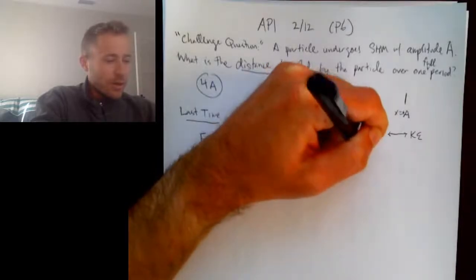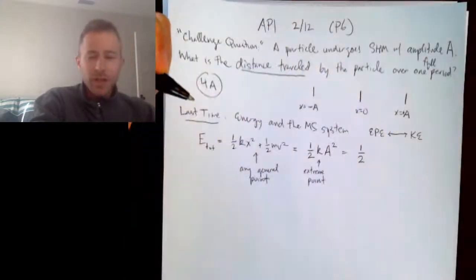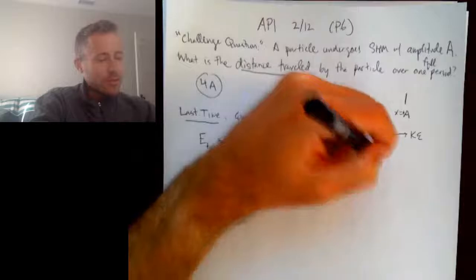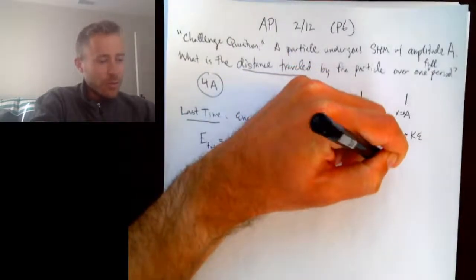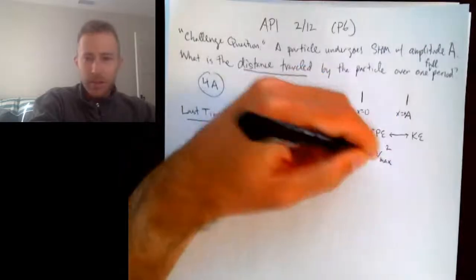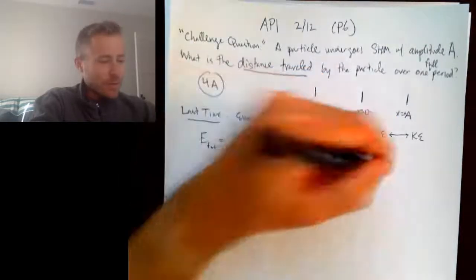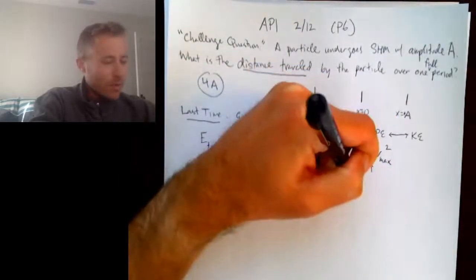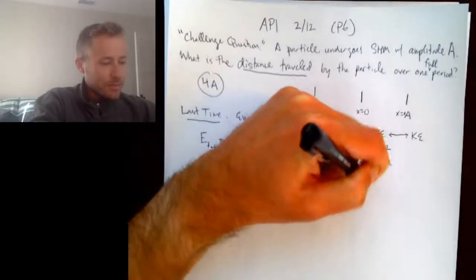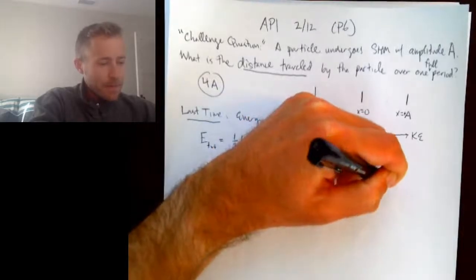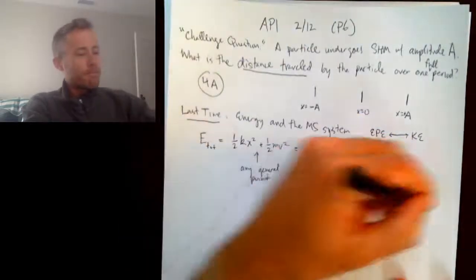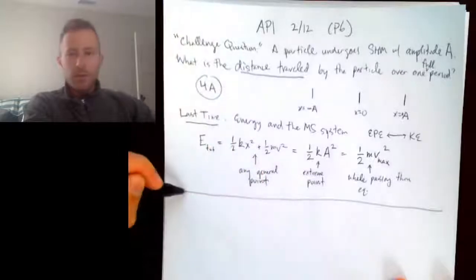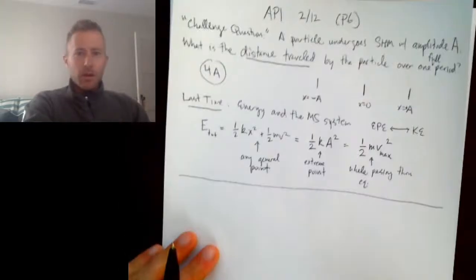So evaluating the energy while passing through equilibrium, the energy takes the form of all kinetic and your speed is the maximum speed. Okay? So that is what we learned last time.